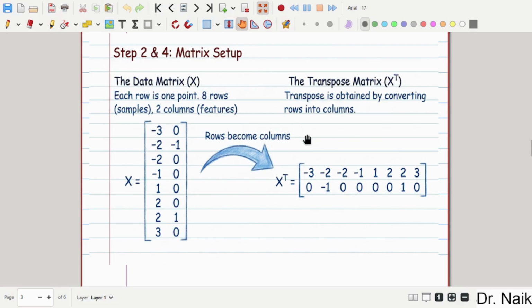Now transpose the matrix, that is X transpose. The transpose is obtained by converting rows into columns. So our X transpose is a matrix with entries -3, 0, -2, 1, -2, 0, -1, 0, 1, 0, 2, 0, 2, 1 and 3, 0.